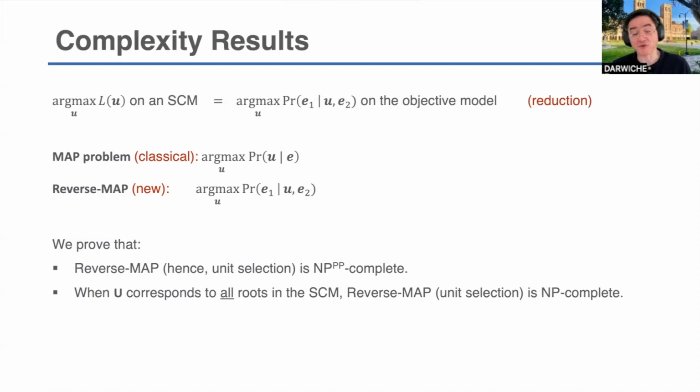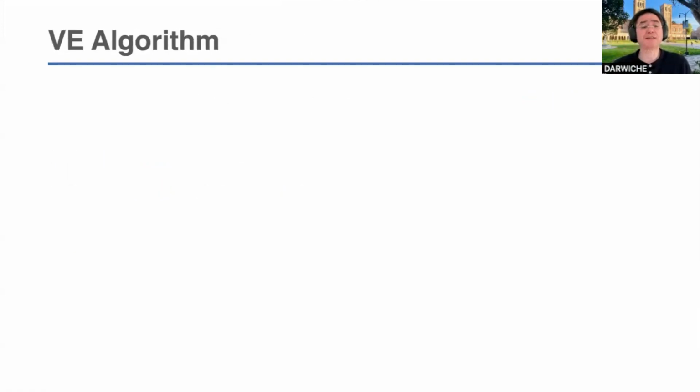How do we solve this problem? Here I'm just going to give you the sketch of how this works. We have an algorithm for MAP using variable elimination, and now we need an algorithm for this. We're going to use variable elimination for that as well. The trick is this. If you look at how variable elimination is used to solve MAP, it looks roughly like this.